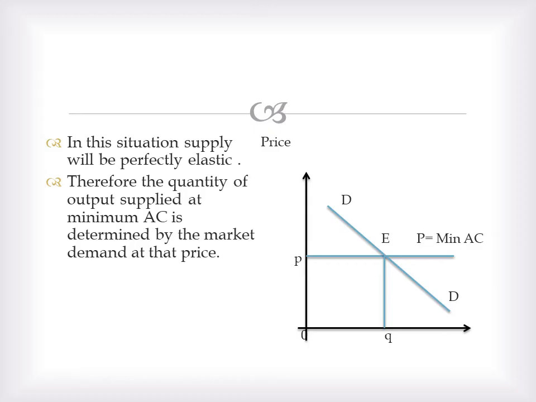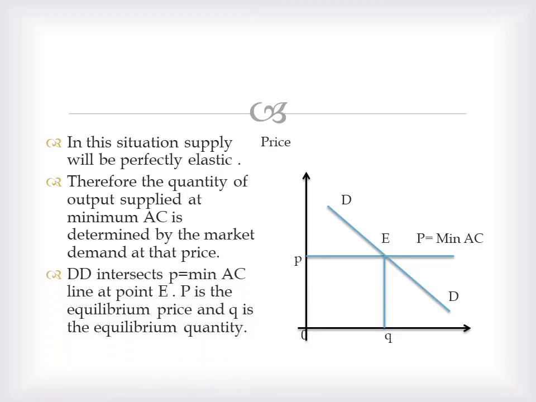Therefore, the quantity of output supplied at minimum AC is determined by the market demand at that price. Where supply is perfectly elastic, the price is fixed, and market demand alone determines the quantity.